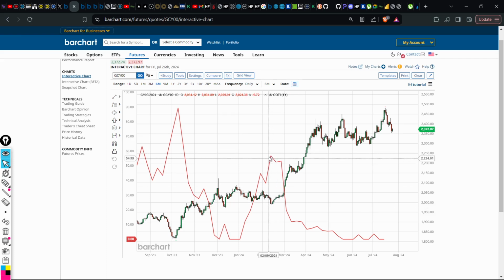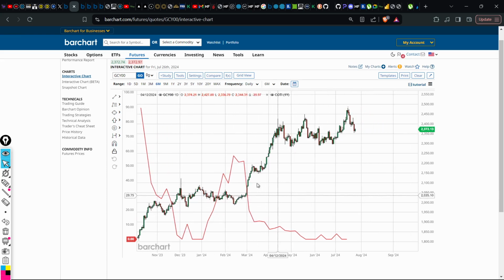So price ended up picking up following this trend. Now price is picking up, and from here they started reducing their long positions and increasing their short positions as they became more and more net short, until now where we are, that these guys are just extremely bearish on the gold price at this level.